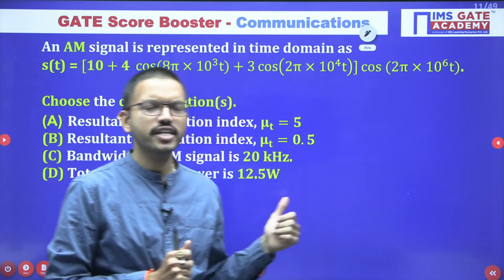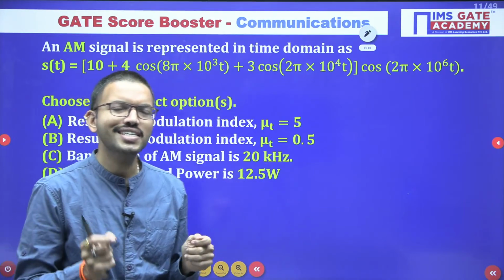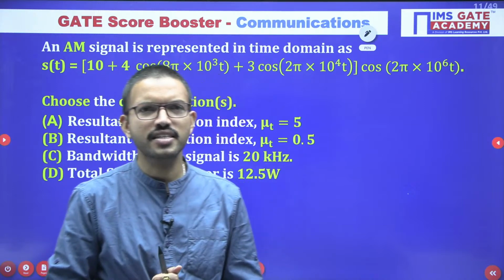Don't be in hurry mode; try to save time only where the calculation part is there.